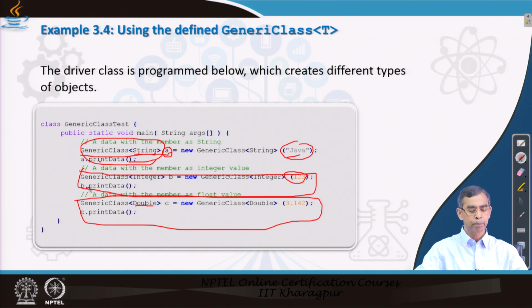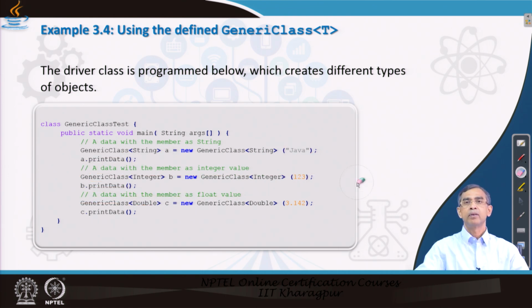For example, here print data for integer type, here print data for string, and here print data for double values. So, this way the generic execution can be done depending on the type of values that you want to process.